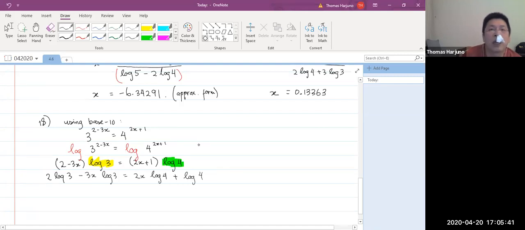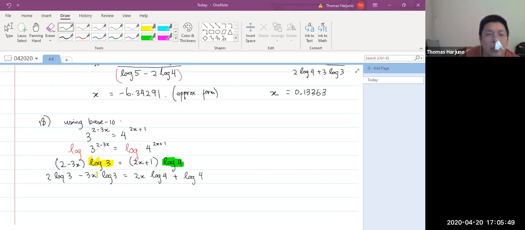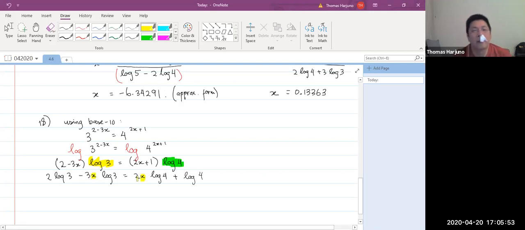Now notice that we have an x term here, and we also have an x term here, right? Because this is a negative coefficient, I will move this one to the right instead, so it becomes plus.